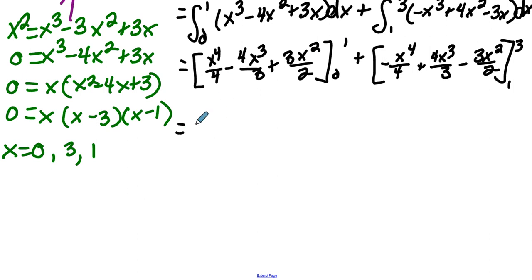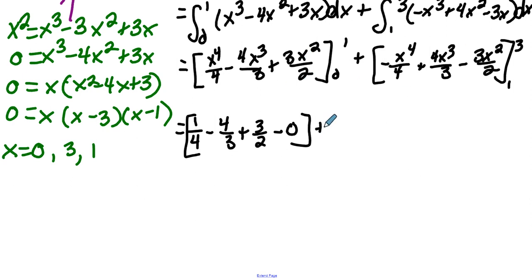So therefore, when I put that 1 in, I just get 1/4 minus 4/3 plus 3/2. Technically, minus 0, because when I put 0 in, I get 0 minus 0 plus 0. Now, if there was a constant term or something like that, then it would be different, but there isn't. And so then I add, and then I plug in the 3.